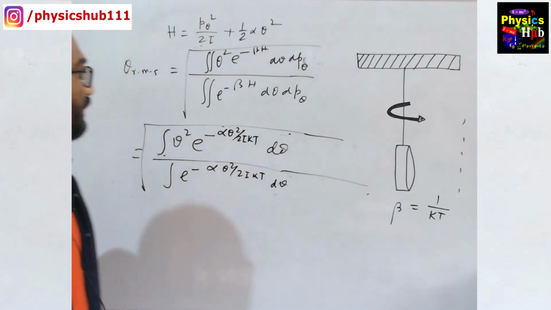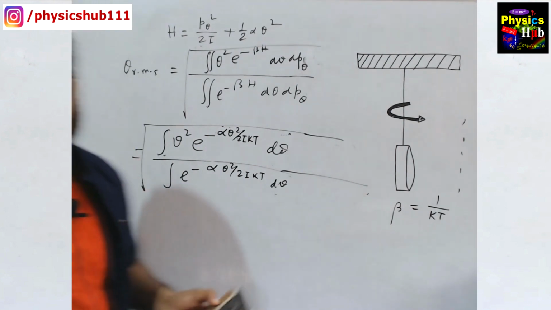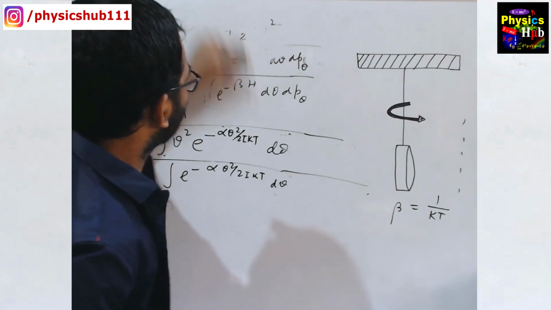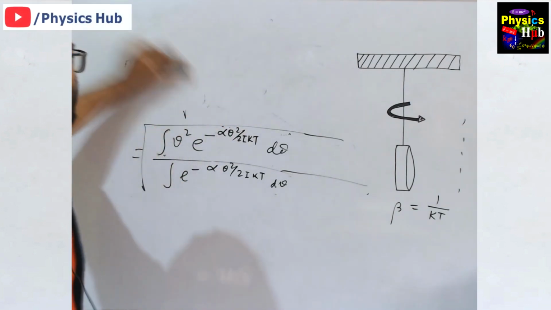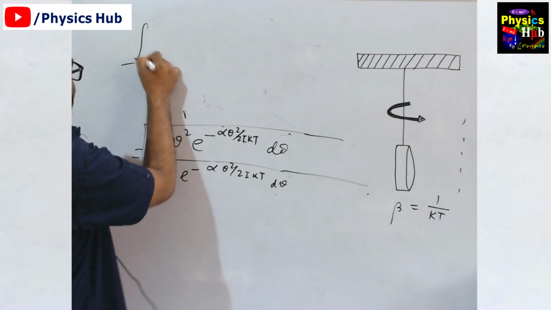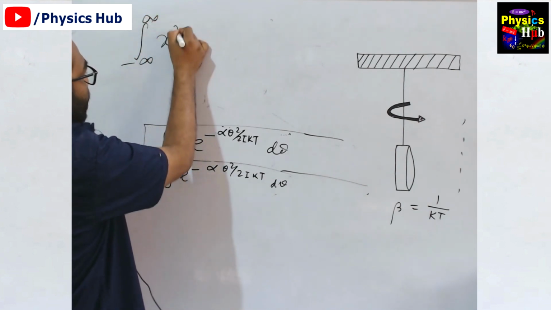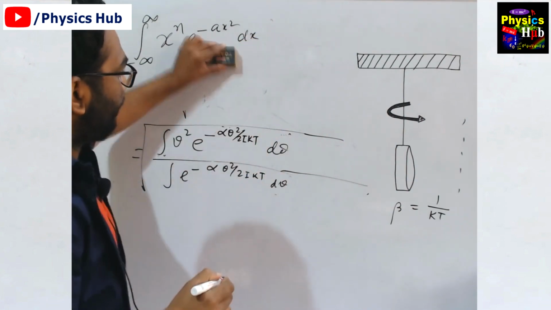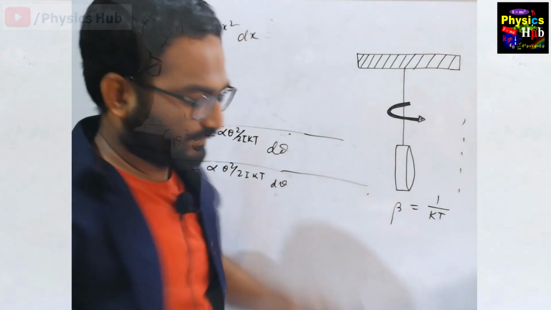Now I am giving you one formula which will help you to evaluate this integration. The formula is: integral from minus infinity to plus infinity of x to the power n e to the power minus a x squared dx.